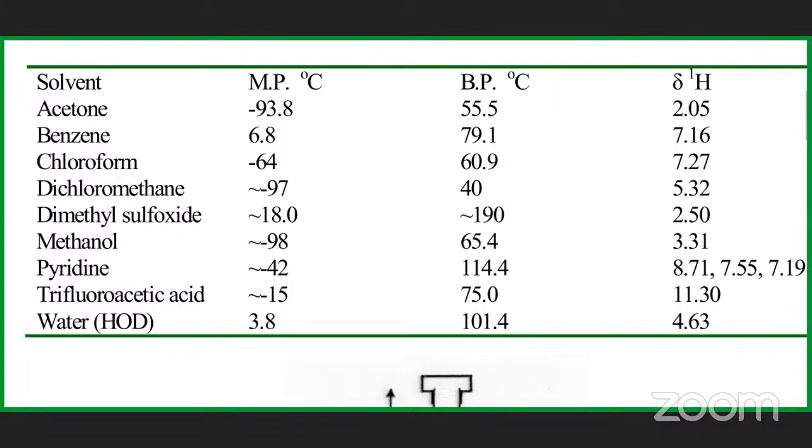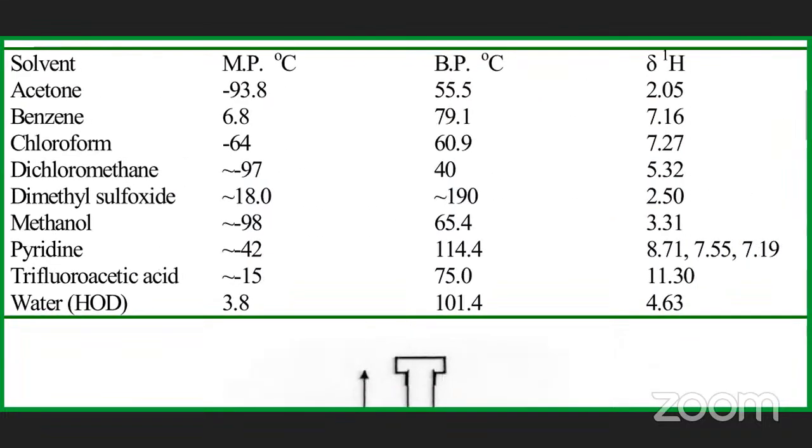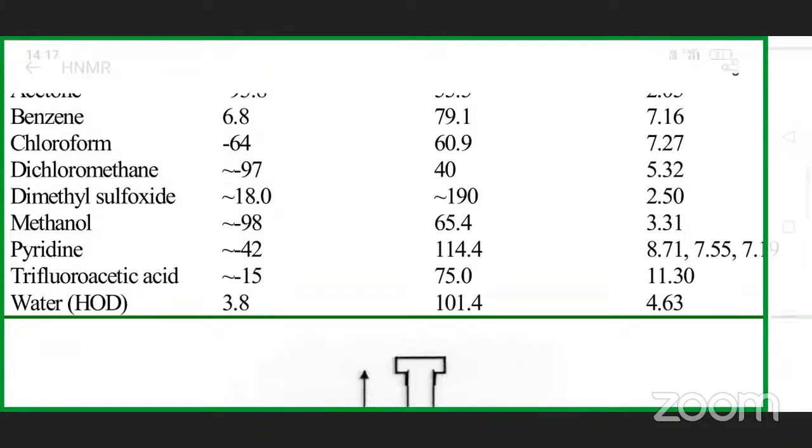Pyridine is an aromatic compound having the electronegative nitrogen atom. Generally an aromatic compound appears in the range of 6 to 8 ppm, but as the nitrogen is part of the ring system, its delta value increases, and you observe signals at 8.71, 7.55, 7.19.